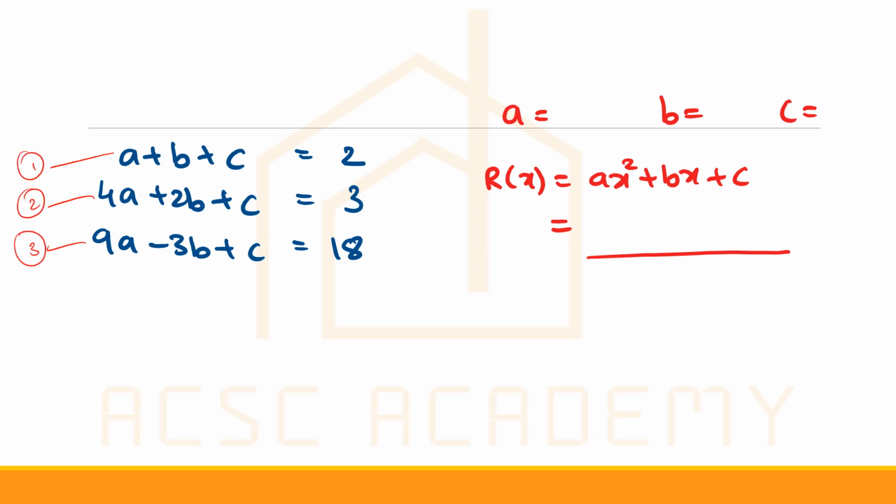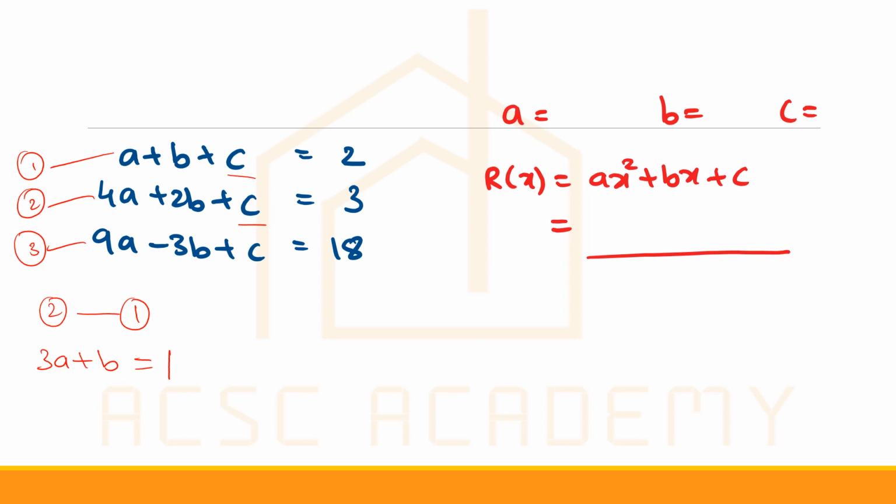So now if we subtract equation 1 from 2 this way, then this c will be eliminated because it has the same coefficient in both of them. So 2 minus 1 gives us 4a minus a, 3a, 2b minus b, that is b. c is gone, c minus c is 0. On the right hand side, 3 minus 2, 1.